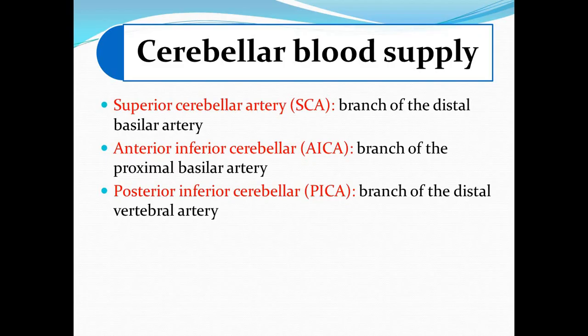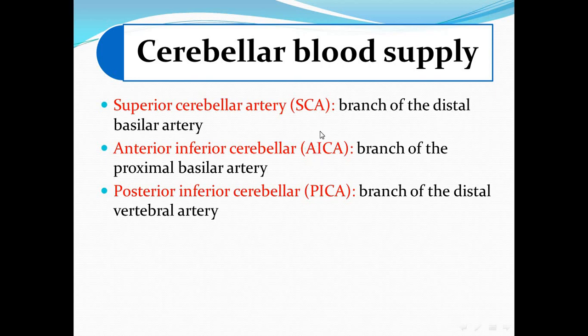The cerebellum is supplied via the vertebro-basilar system, which gives 3 large branches that supply the cerebellum. These branches are the superior cerebellar artery superiorly. This is a branch of the distal basilar artery, just before the bifurcation to form the posterior cerebral arteries.